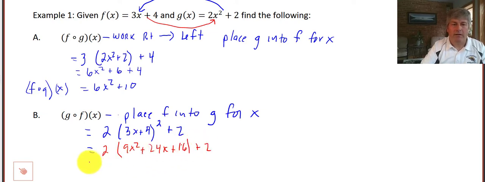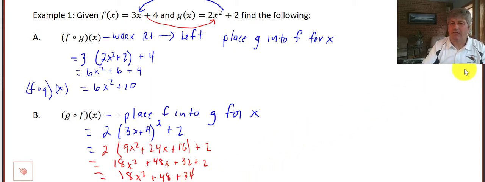We've got to double that entire quantity. So we get 18x squared plus 48x plus 32 plus 2, or 18x squared plus 48x plus 34 is g of f of x.